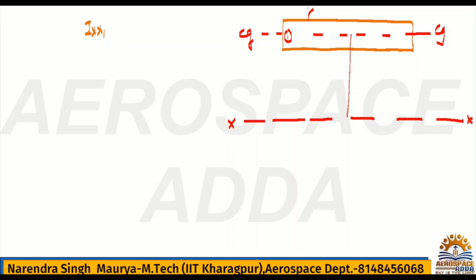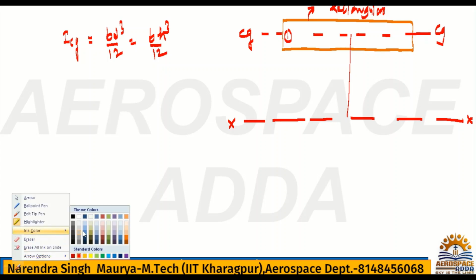So what is the ICG1? ICG1 means for that section across CG, what is the moment of inertia? It's bd cube by 12, or as I had explained, bh cube by 12. This was given last class.